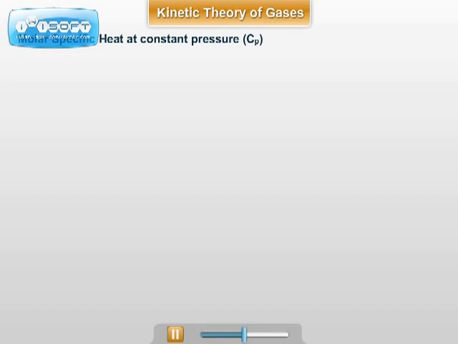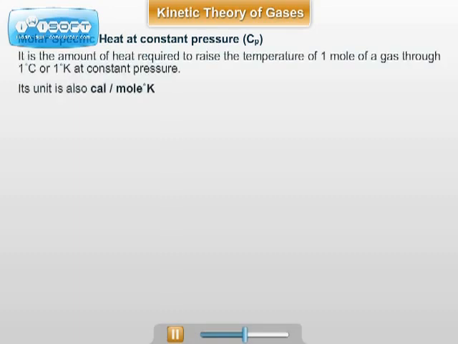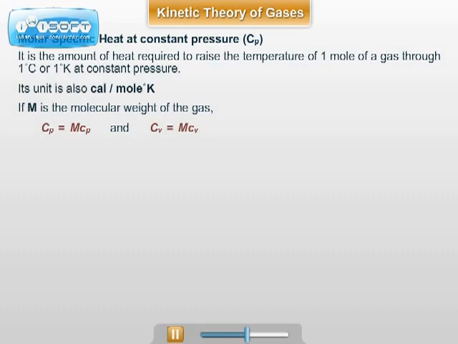Molar specific heat of a gas at constant pressure is the amount of heat required to raise the temperature of 1 mole of a gas through 1 degree Celsius or 1 degree Kelvin at constant pressure. If m is the molecular weight of the gas, then Cp is equal to mcp and Cv can be given as mcv.